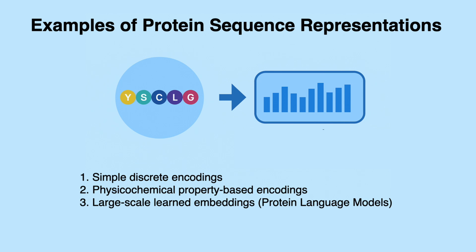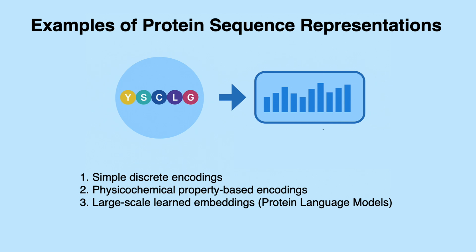They are easy to compute and widely used, but they tend to struggle with long-range interactions and higher-order context. Another class of techniques relies on physicochemical descriptors. Here, each amino acid is mapped to numerical properties such as hydrophobicity, charge, volume, or flexibility. These descriptors improve biological relevance and can model structural or functional trends, but they still require careful engineering and may overlook complex contextual relationships in the sequence.